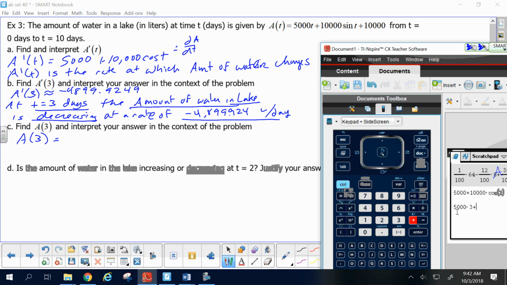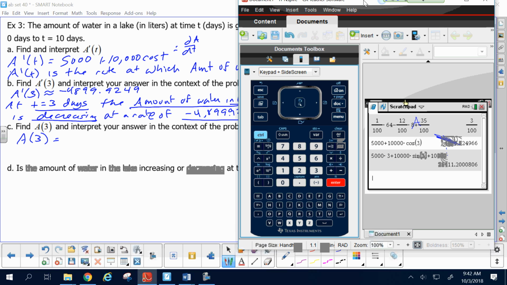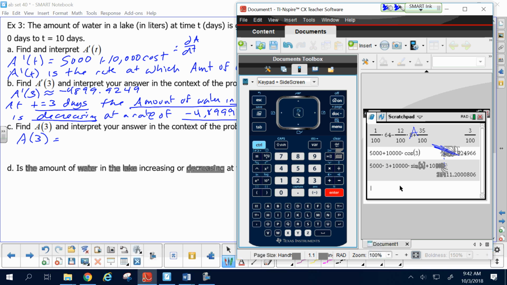We're using the original function. Whoa, baby. I hope I did that right. Did you get 26,411-ish? Yeah. Okay, cool. So record A of 3, 26,411.200. What are the units on that number?